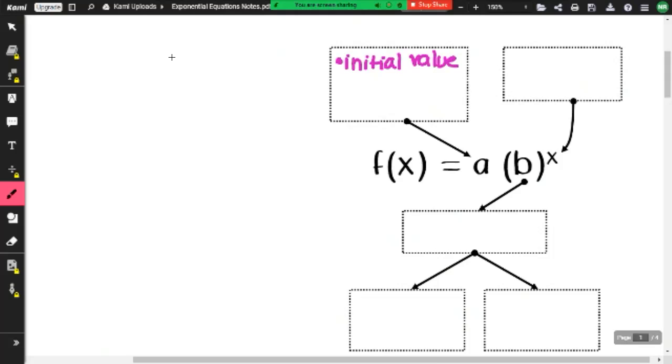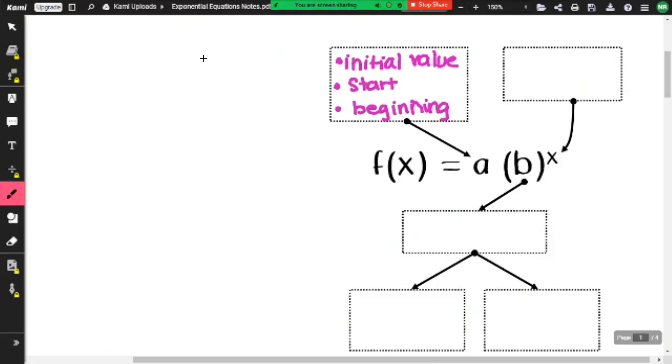What is an initial value on a graph? An initial value, think about it. Other words for an initial value would be start, or where we begin. The starting point.